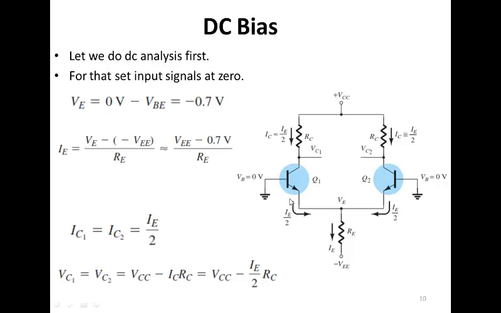For a transistor to be in the active region, the base voltage should be more positive than the emitter voltage. You can see that the emitter is connected to the negative supply and the base is connected to ground, so the base would be at higher potential than the emitter. So this transistor would be in the active region. Similarly, this would also be in the active region.